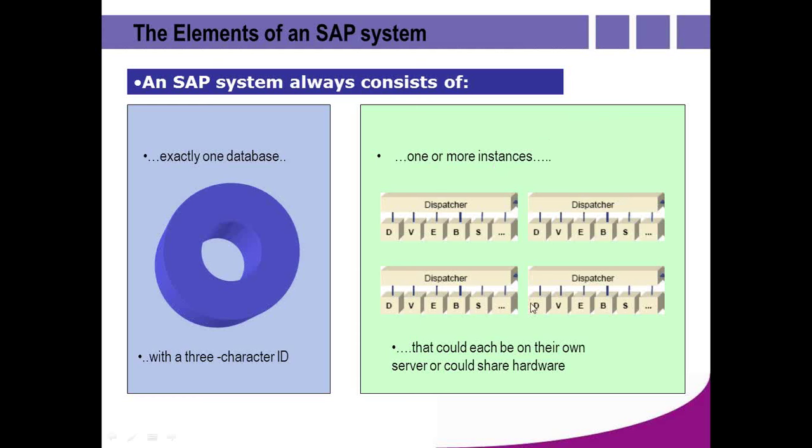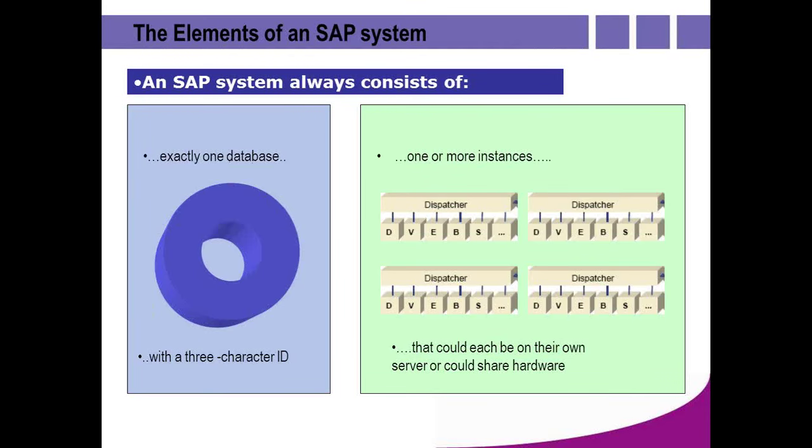Under that SID we have multiple instances; the entire application layer name is the SID. Under that SID we have multiple instances 00, 01, 02 and so on up to 97. And the database has its own SID, its own name. It is also 3 letters. We will see that in tomorrow's class.